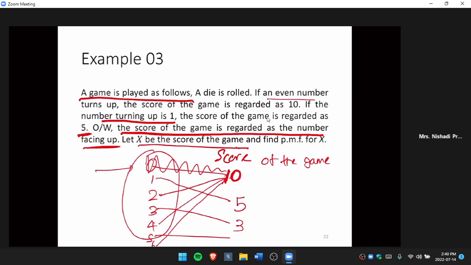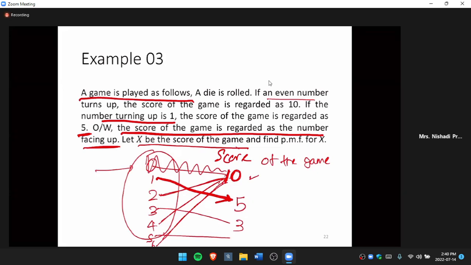So if we get number 2, 4, or 6, the score of the game is 10. Further, if we get number 1, then the score of the game is regarded as 5. And otherwise, the score of the game is regarded as the number facing up.